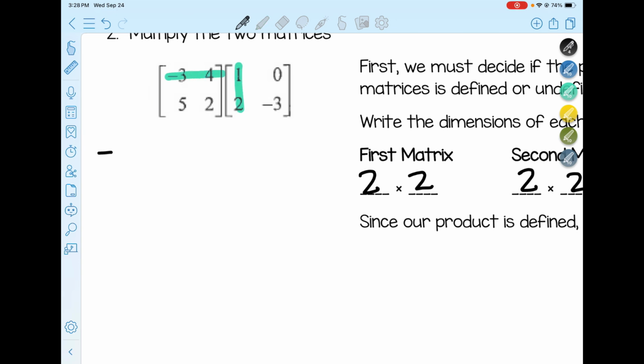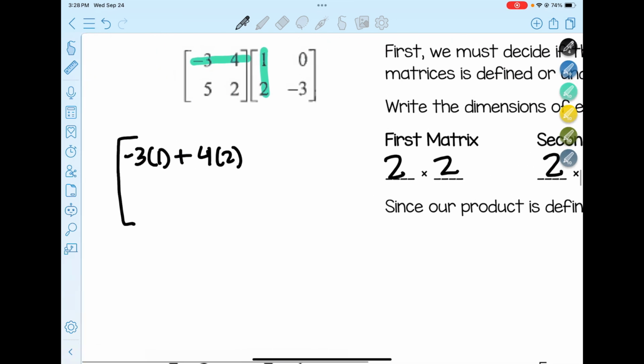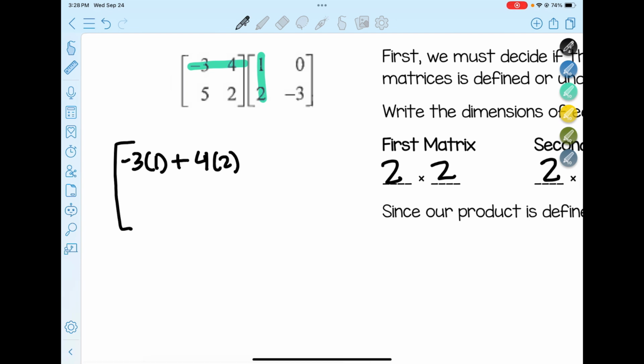So I'm going to write this as -3 times 1 plus 4 times 2, and that's the element that goes in 1,1. Now I'm going to do the same thing, but now it's going to be this same row up on top, but now it's going to be this column on the right. So I'm going to write this as -3 times 0 plus 4 times -3.